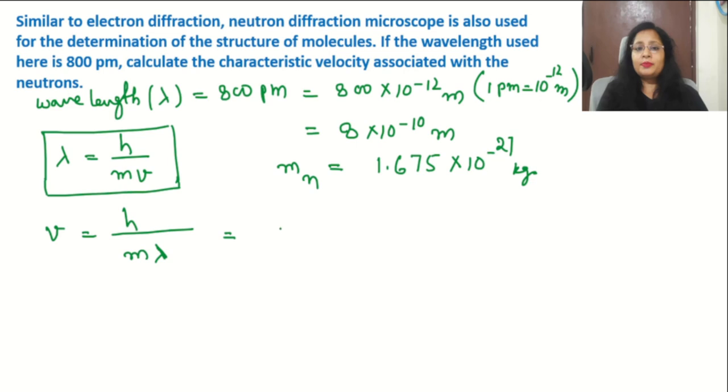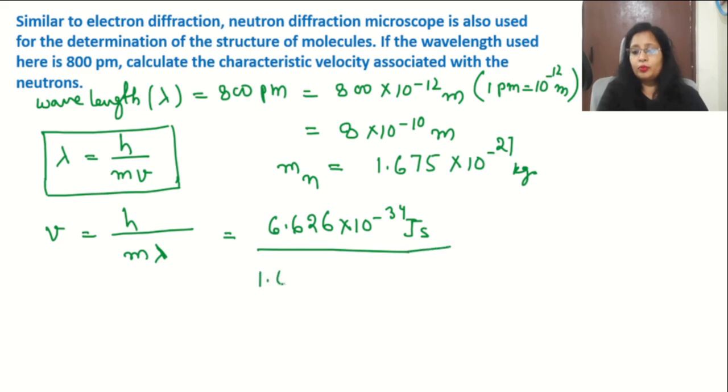Now h is Planck's constant, value is 6.626 into 10 to the power minus 34 joule second, upon the mass of the neutron, which is 1.675 into 10 to the power minus 27 kg into wavelength 8 into 10 to the power minus 10 meter.